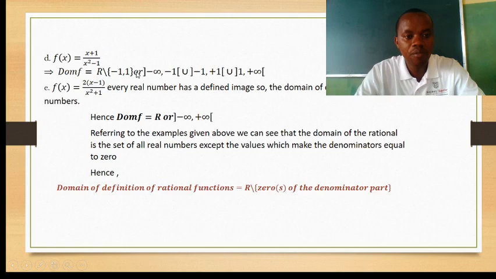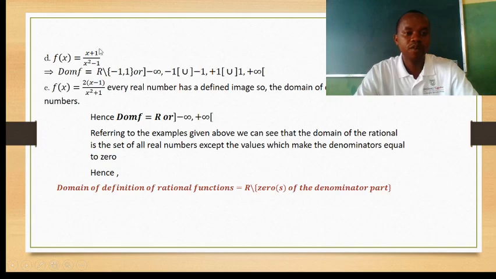In interval form, it can be written from minus infinity up to minus 1, union from minus 1 up to 1, union from 1 up to positive infinity. All boundaries are excluded.